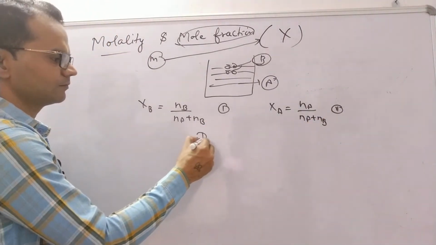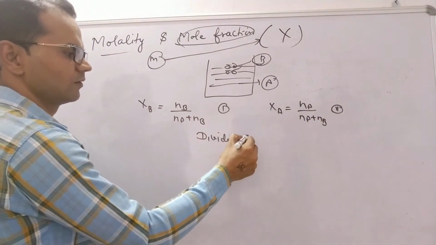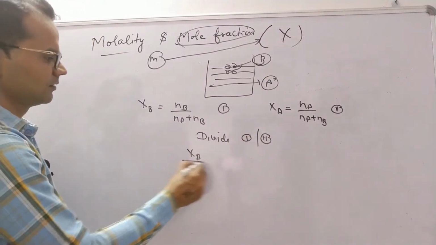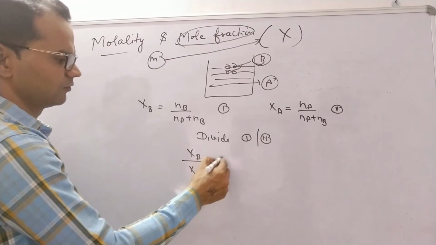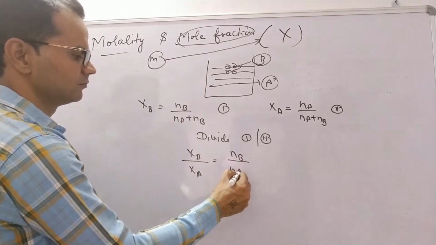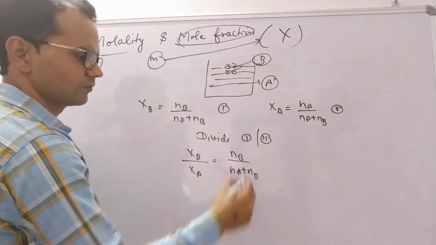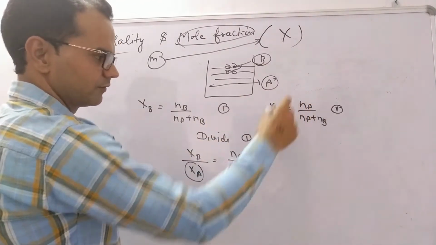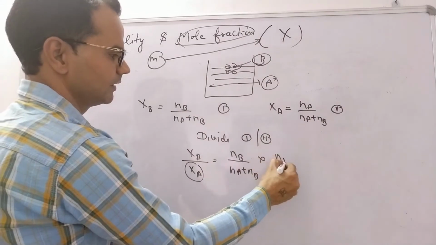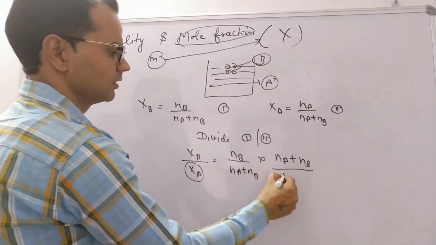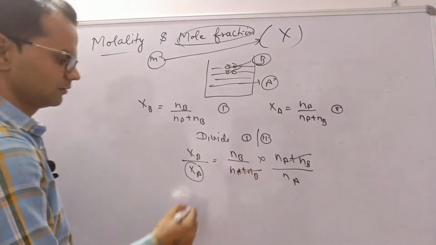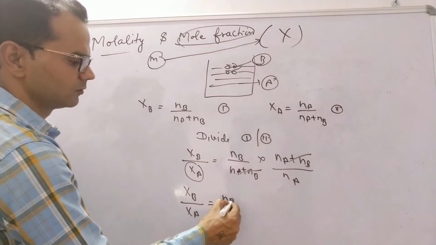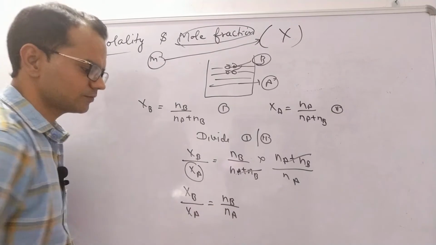Divide the first equation by the second. So Xb by Xa equals Nb by Na plus Nb, divided by Xa, so it will be reciprocal, Na plus Nb by Na. Xb by Xa equals Nb by Na.